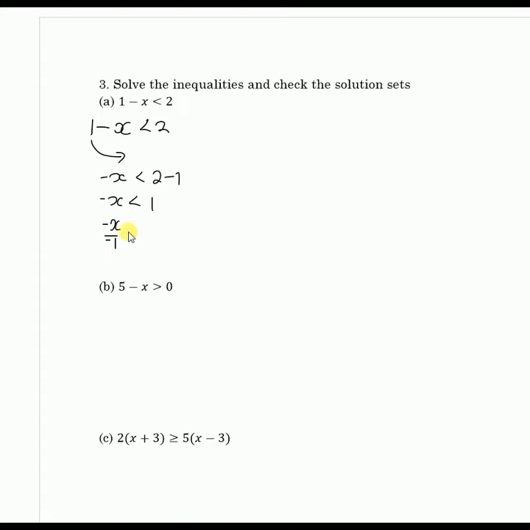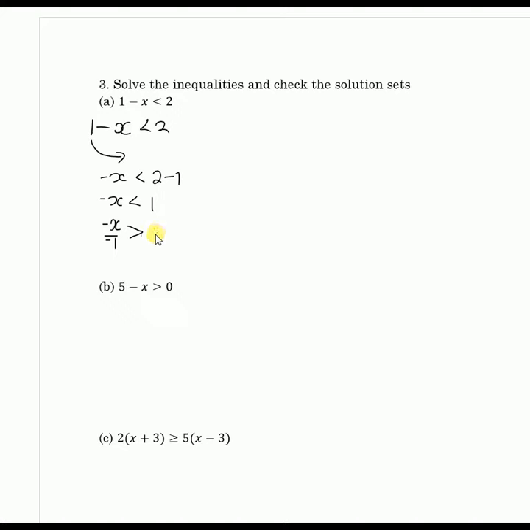And right here, I shall have to change this inequality in line with the rule, because the moment you divide by a negative number, you have got to change the inequality. If it was less than, it goes to greater than. If it was greater than, it becomes less than. If it was less or equal, it becomes greater or equal. If it was greater than or equal, it becomes less than or equal.